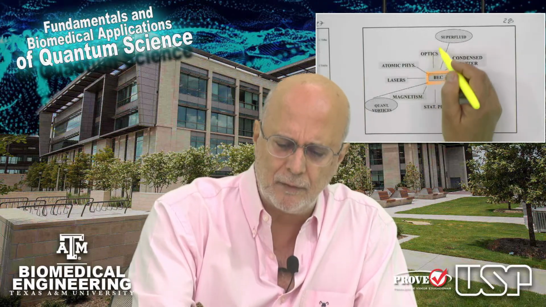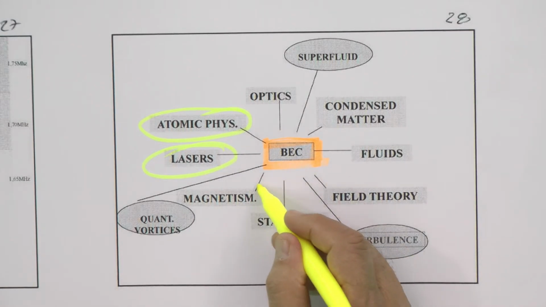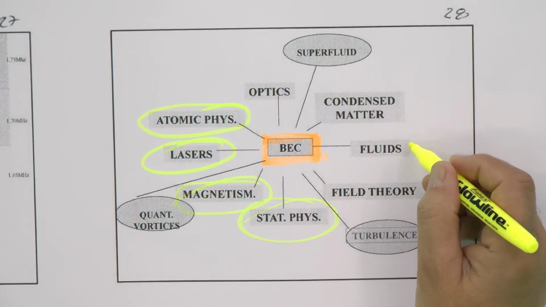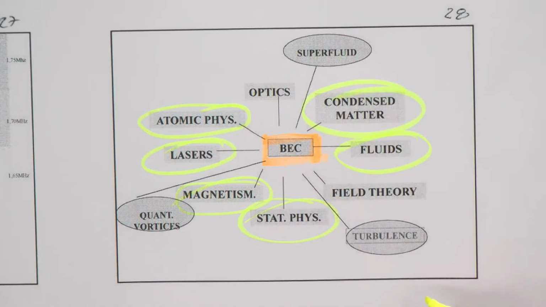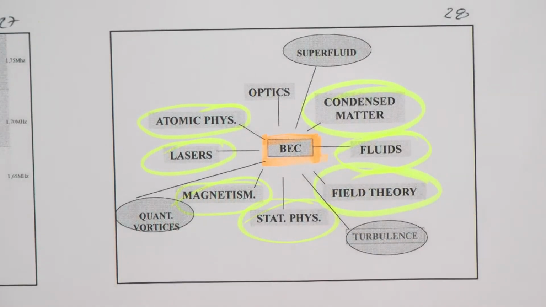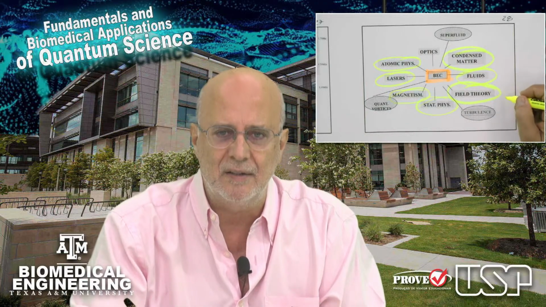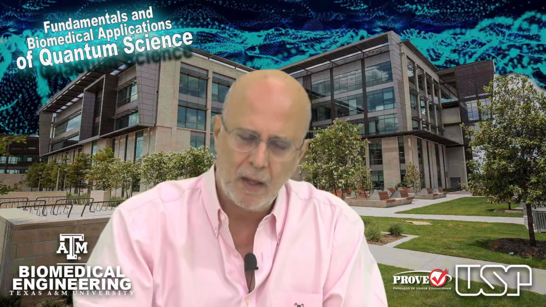And that has wonderful contributions to atomic physics, to understand lasers in general, as I told you, to do magnetism, to do statistical mechanics, to do fluid mechanics, you know, superfluids, to do condensed matter, to do field theory. These things where suddenly all the atoms go to a single quantum state is what they call spontaneous breaking of symmetry. It gets an order parameter on the system.